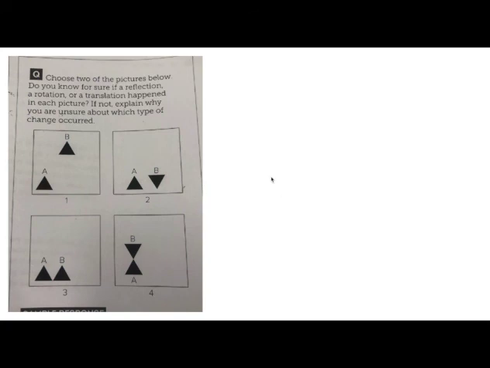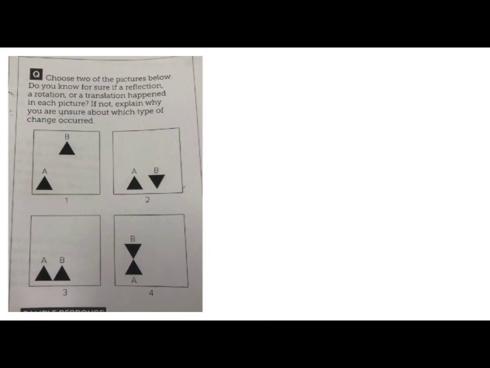This question is going to be in our Google Classroom. Choose two of the pictures below. Do you know for sure if a reflection, a rotation, or a translation happened in each picture? If not, explain why you are unsure about which type of change occurred.